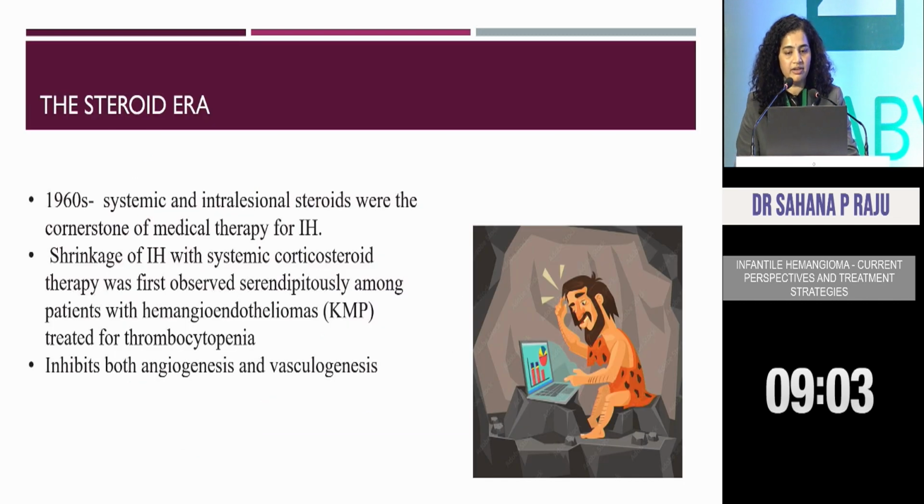This was the earlier treatment, the steroid era, 1960s, where systemic and intralesional corticosteroids were used in the management of infantile hemangioma. So corticosteroids inhibit both angiogenesis and vasculogenesis.